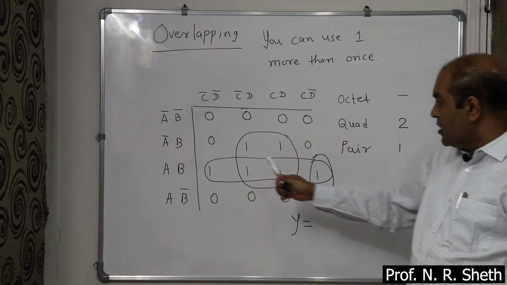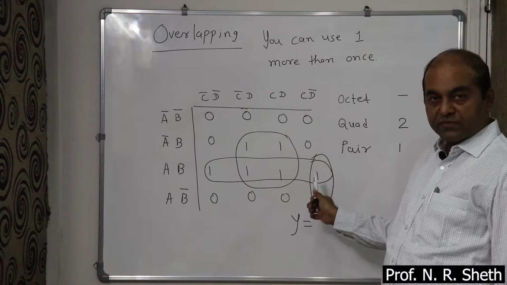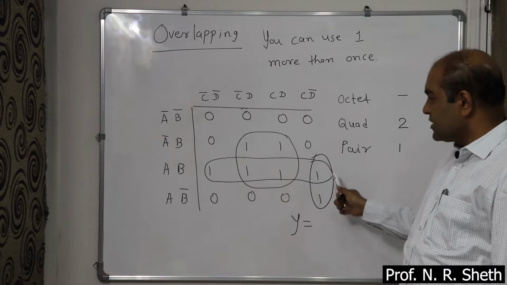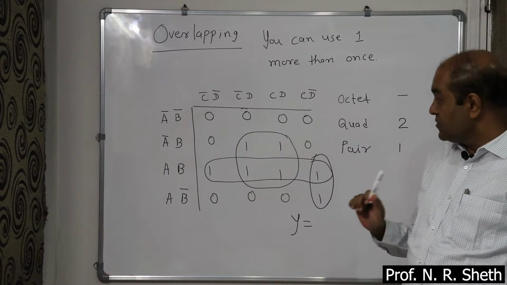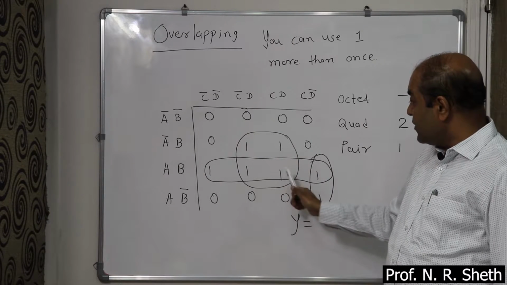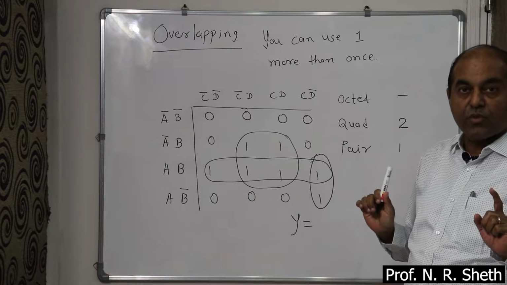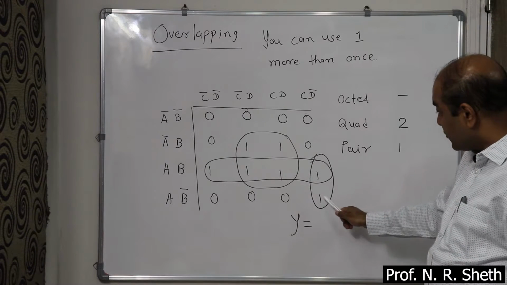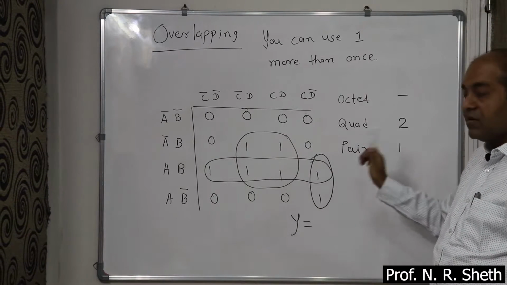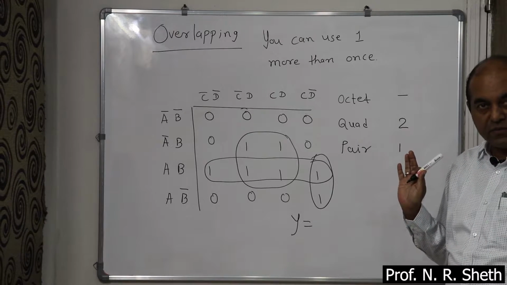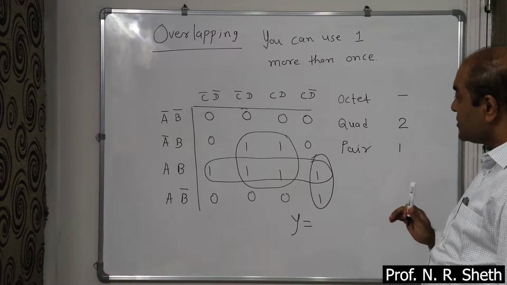Again, 1 2 3 4. This quad is straightforward. 1 2 3 4. So the second is your quad, a group of 4 ones. And for this one, we have a pair. Clear? Now what is the equation?